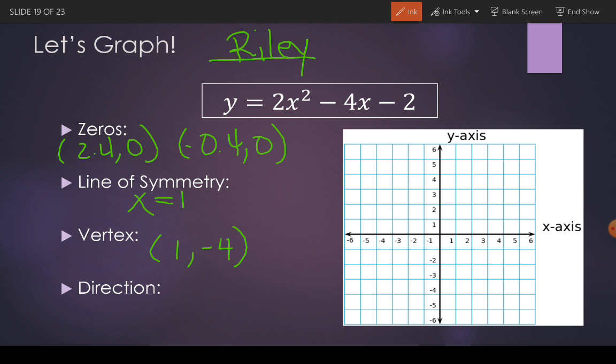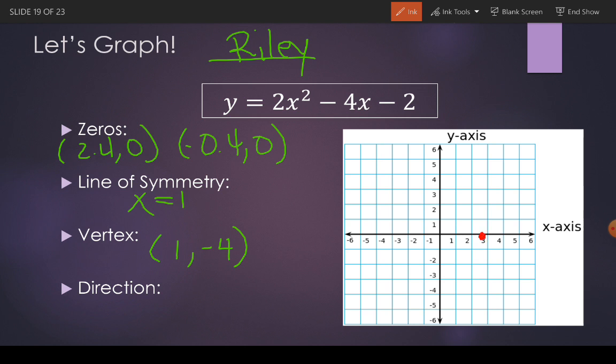Okay, so now let's go ahead and graph our zeros and our vertex, and then we can see where the direction is going to be. Our zeros, we have to approximate, okay? It's hard to do exactly 2.4 unless we have a really good graph. So 2.4 is just about in the middle of 2 and 3.